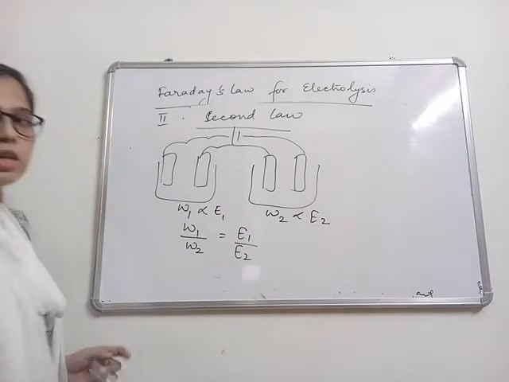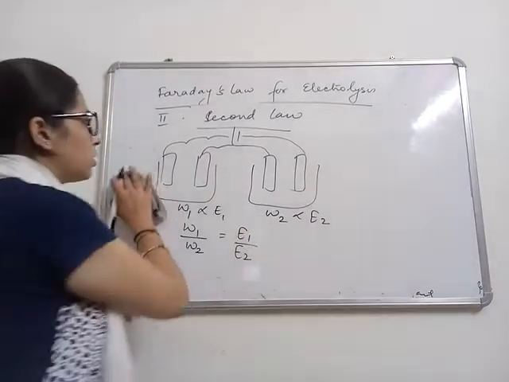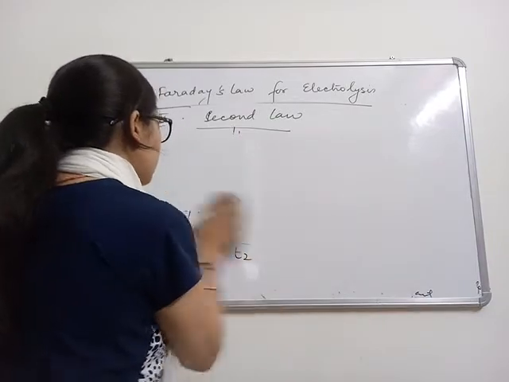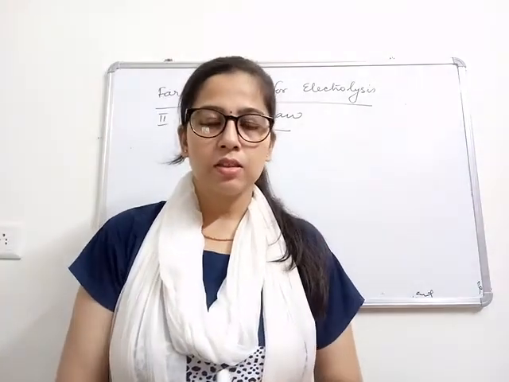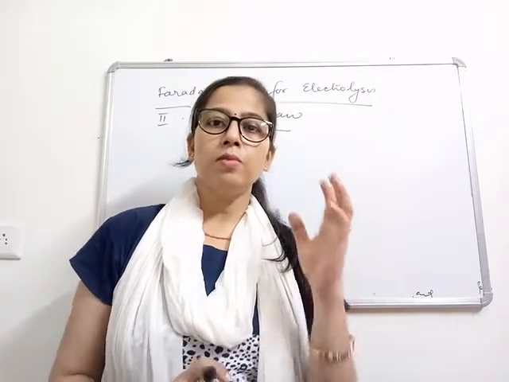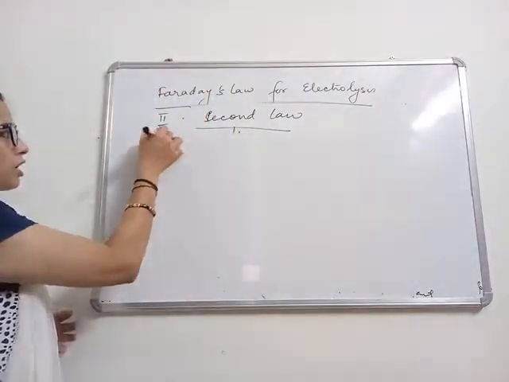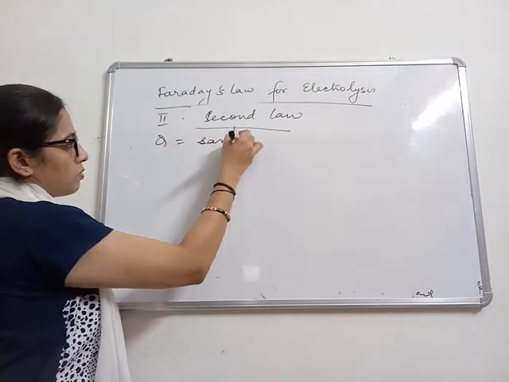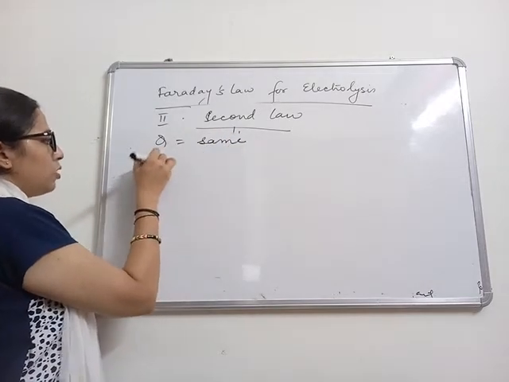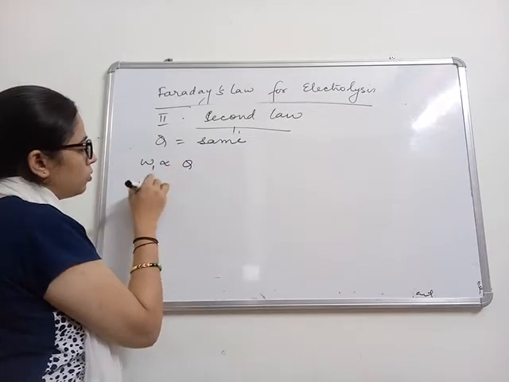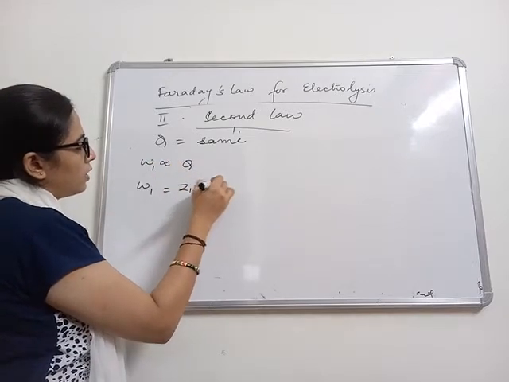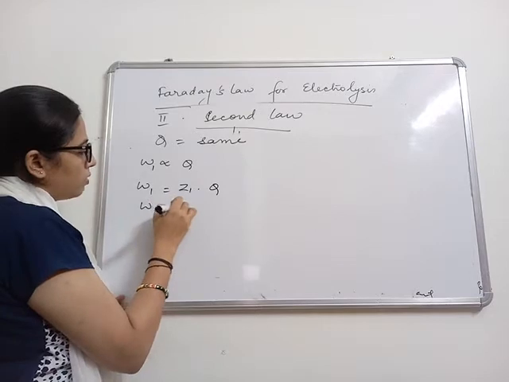When cells are connected in series, the quantity of electricity is the same in both the electrolytic cells. So if two electrolytic cells are connected in series and the same quantity of electricity is passing through both, that is, Q is the same in both cases. In the first cell, W1 is proportional to Q, W1 is equal to Z1 into Q, and W1 is equal to IT.